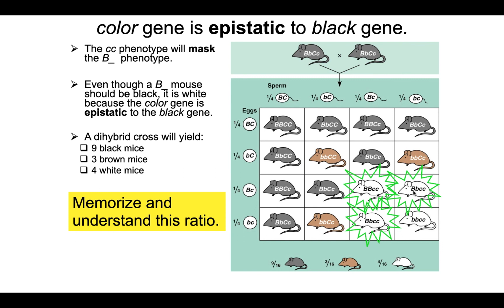Even though based on the B genotype in these three mice you would expect to see black mice, because the little c is epistatic, instead you're seeing the white mouse. So these three would normally be black mice, but instead they are white mice. So now you get this new phenotypic ratio of 9 black mice to 3 brown mice to 4 white mice.